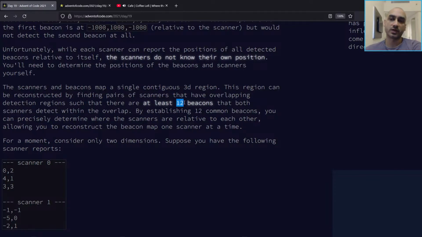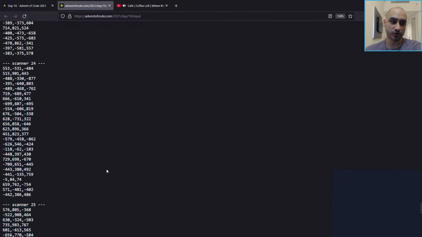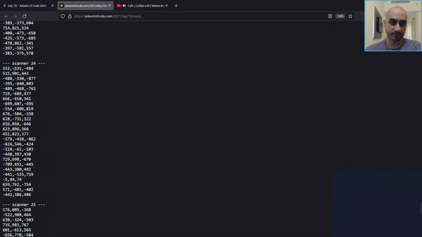Alright, well, we could try and code a process that, given two of these, tries to find if 12 of them match or not. Try and find if it's possible for 12 to match. And if the answer is yes, we'll just assume, okay, then they match.